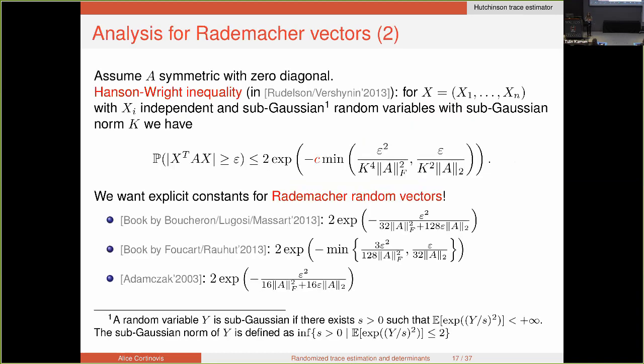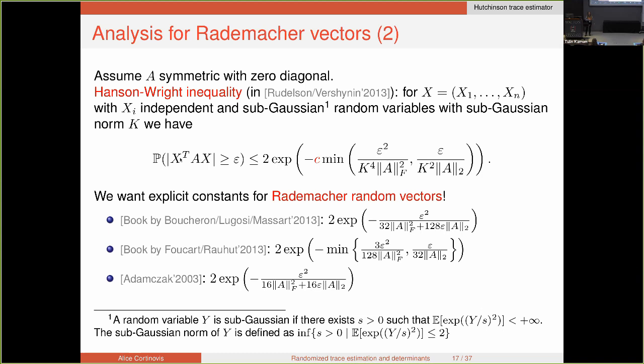So for the analysis with Rademacher random vectors, one needs to use tools which are a bit more powerful. In particular, there's this Hanson-Wright inequality, which is a very general concentration result for quadratic forms of this form involving a random vector X with independent sub-Gaussian random variables.